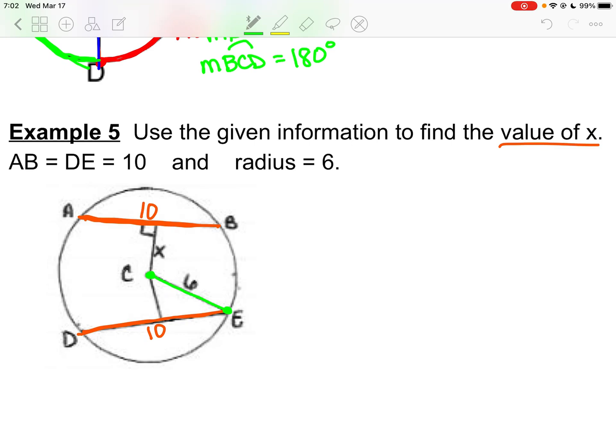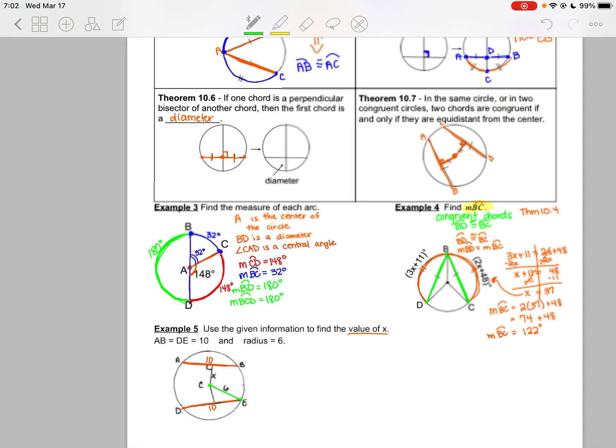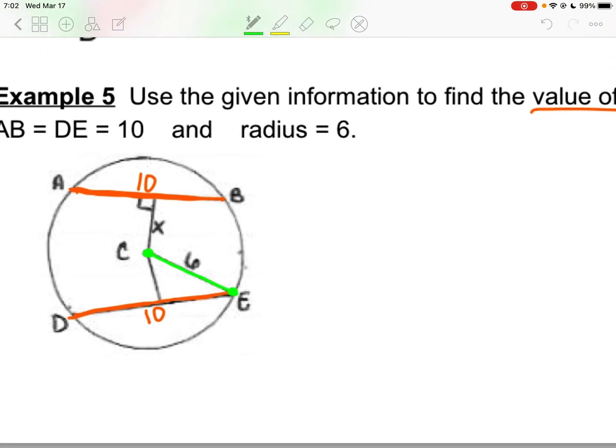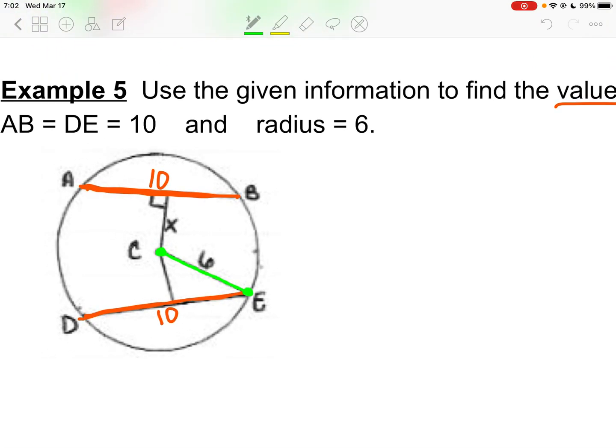So I do see that this radius is part of a diameter. And remember that any diameter is perpendicular to a chord. So since the radius is part of a diameter, and I'll just write that down, radius is part of a diameter.